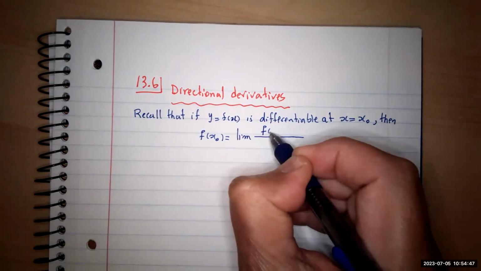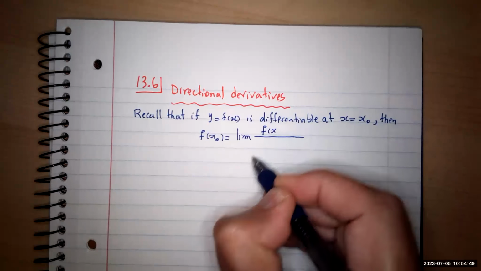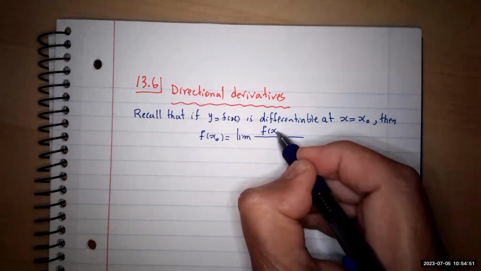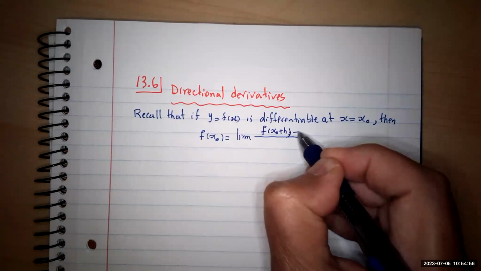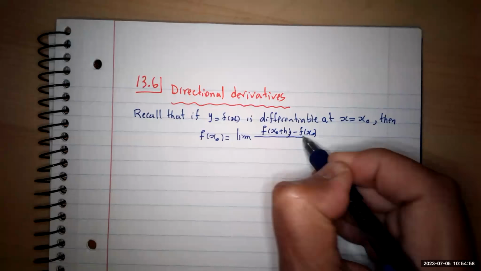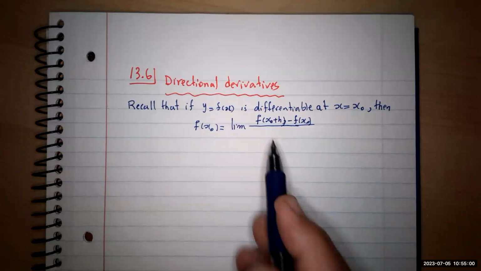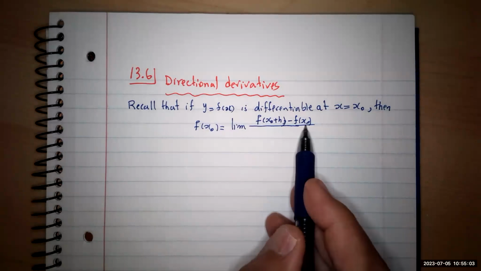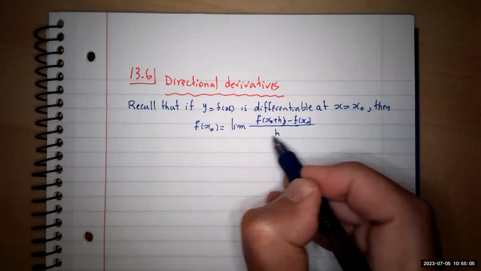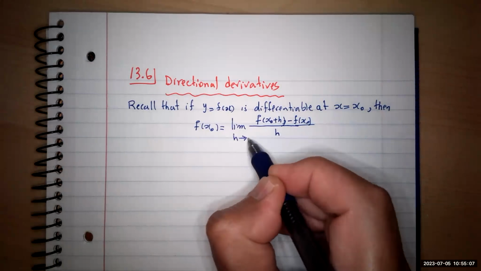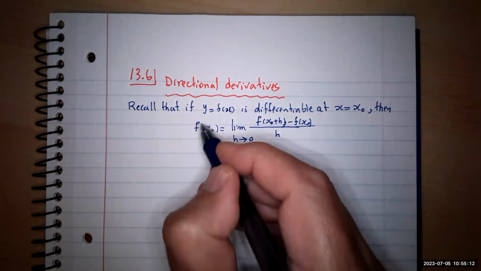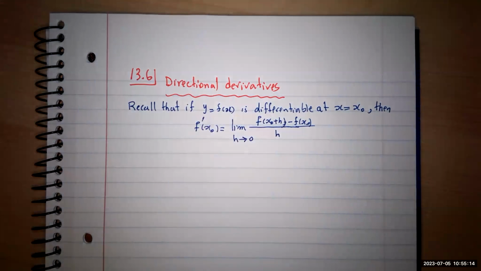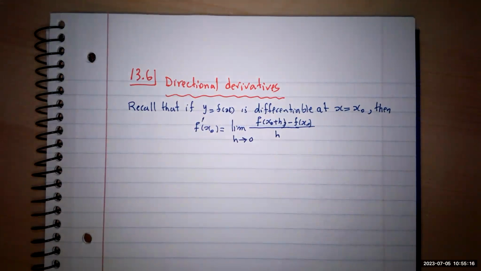So we change the x0 into x0 plus h, minus f of x0, divided by the difference. The difference between x0 plus h and x0 would be h, and h goes to 0. This is the rate of change version, and of course this is f prime, the derivative of the function for a function of one variable.